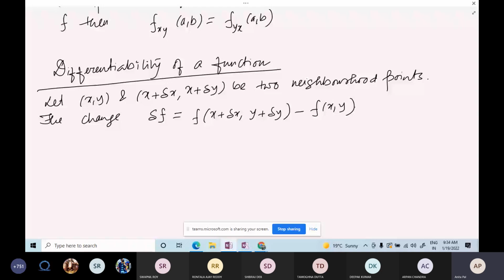The difference between the two will be delta f. It is very obvious.